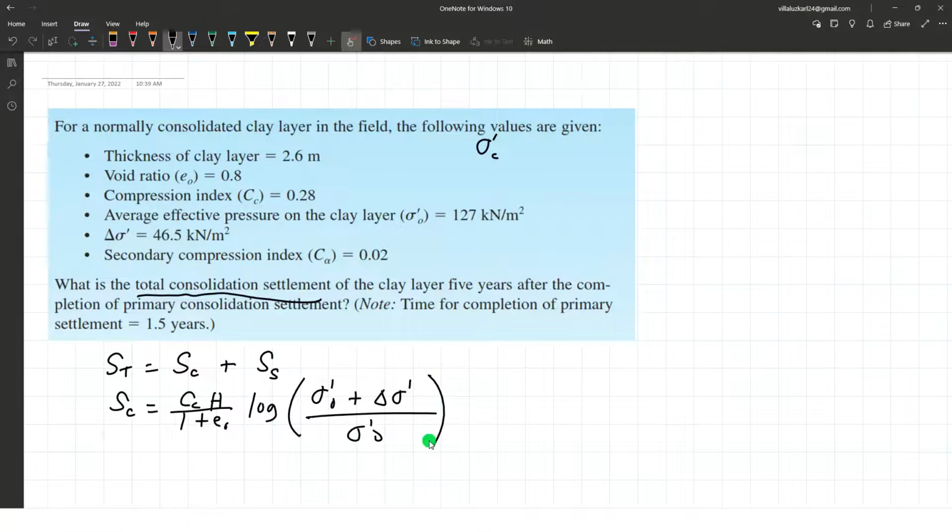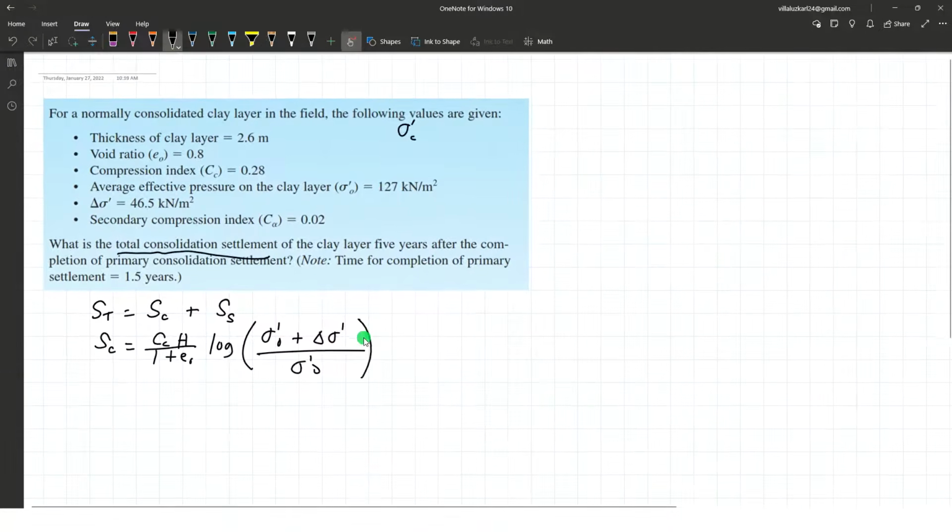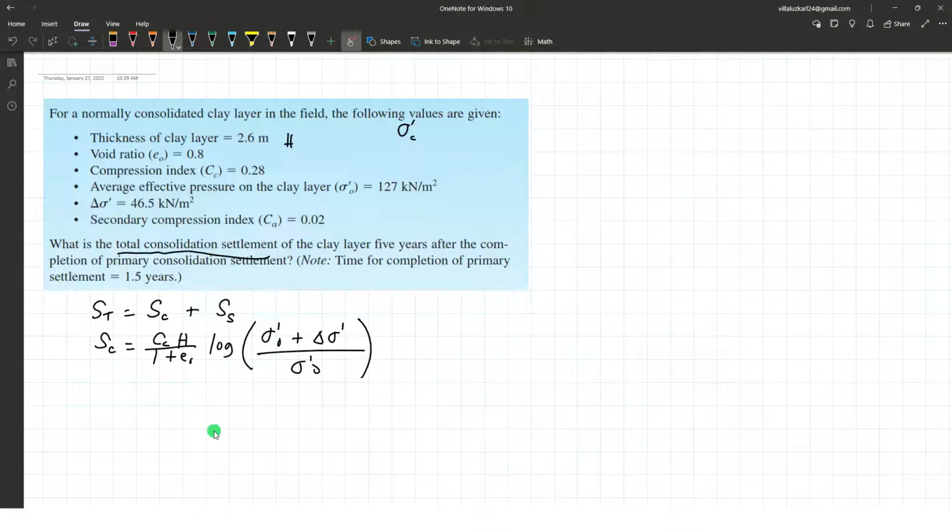So that's our equation. Okay. So may given naman na tayo ng compression index, H, thickness of the clay layer, this is your H, and given na rin yung ating average effective pressure as well as delta sigma prime. So we can now compute the primary consolidation settlement.